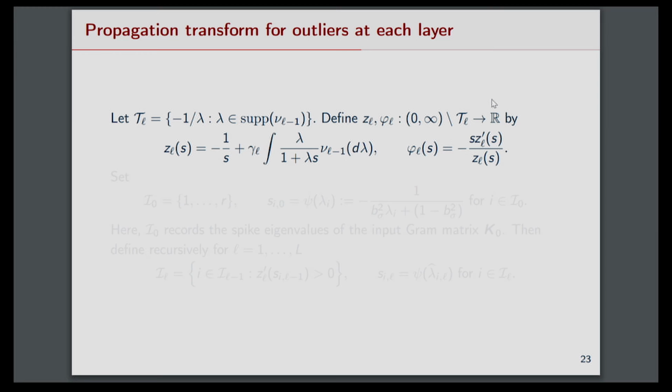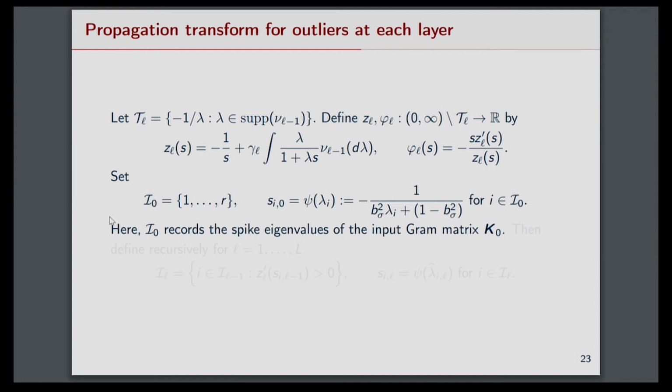I will not introduce it here, but I will present the full theorem later. Here, this is the Z transform, the psi transform, and the phi transform for the eigenvector alignment. As you can see, the only difference is that it's related to this gamma L, which is the aspect ratio with respect to the sample size and the number of neurons at the L-th hidden layer.